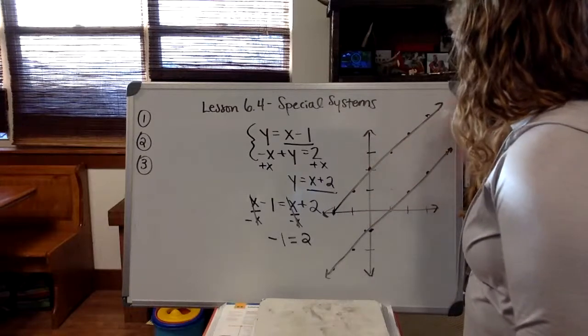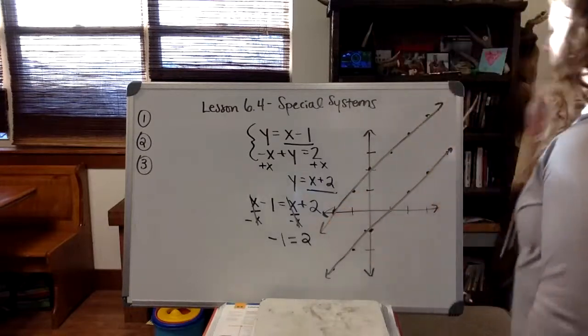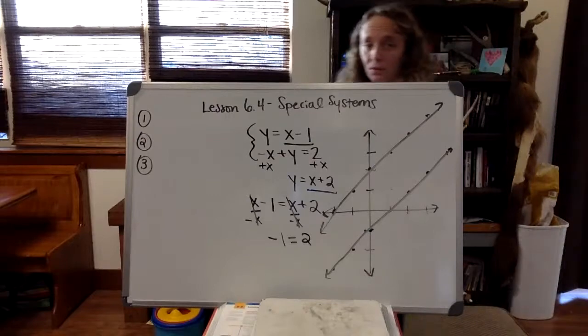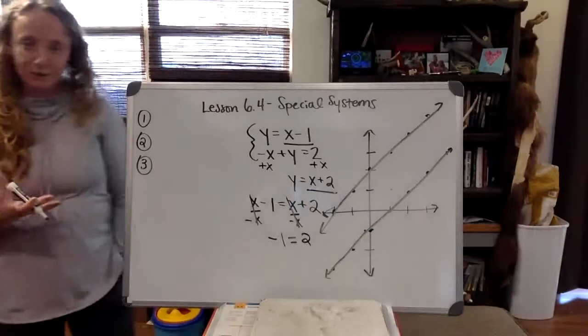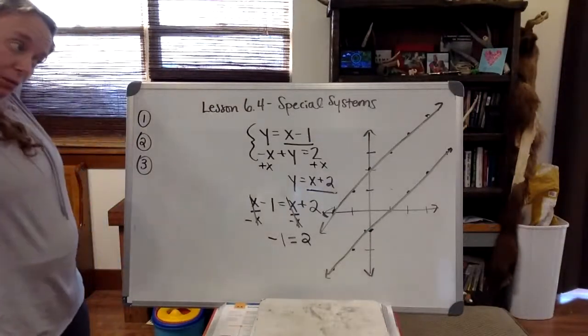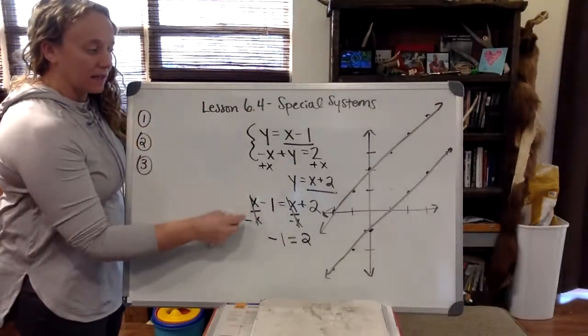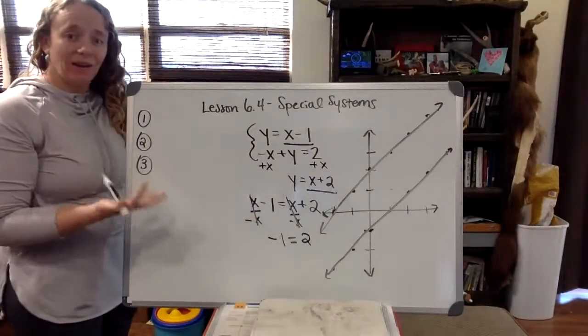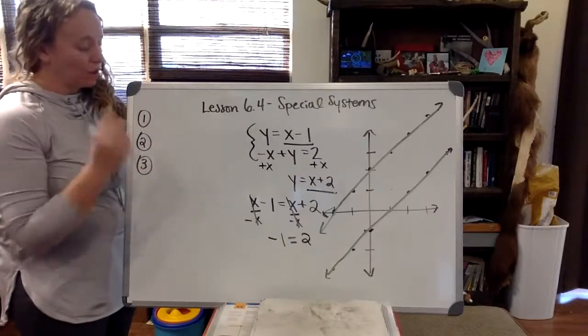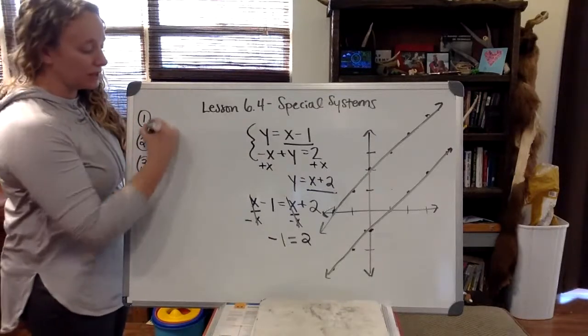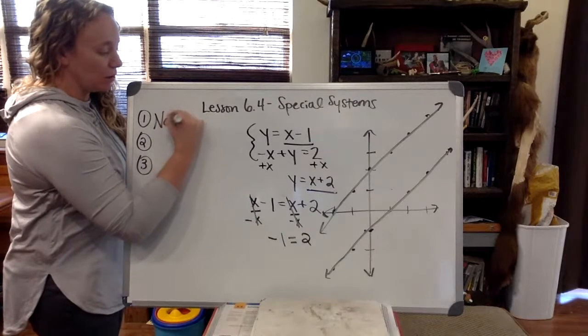I have just created a set of parallel lines, which hopefully you remember from our linear equations module, when we looked at slopes and y-intercepts. These two lines are never going to intersect, ever. So one option for special systems is systems with no solution.